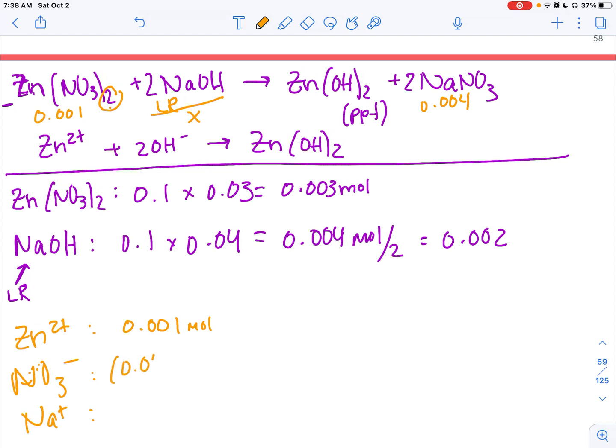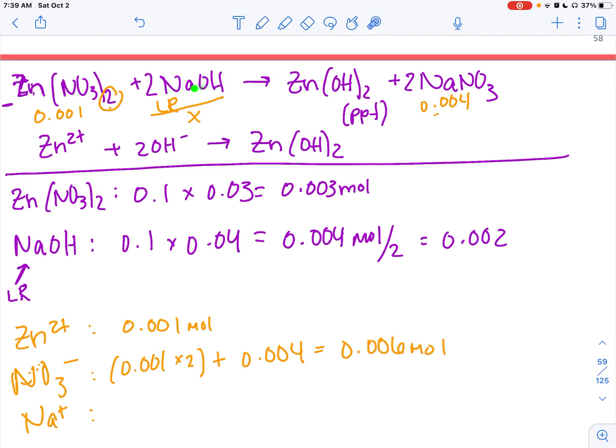So we would do 0.001, that's in excess, times 2. And then we would add that over here to the 0.004. We don't need to worry about the coefficient there. So 0.004 moles gives us 0.006 moles of nitrate.